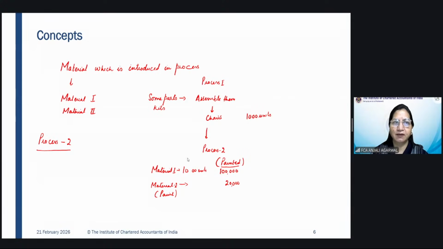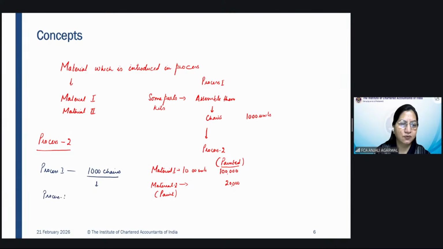Then another important thing is that a process can have more than one material. So if more materials are introduced, keep the units only to the first fundamental or basic raw material, and take material 2 or subsequent material as sundry material. It will not have units. Just see, process one is able to manufacture 1,000 units or 1,000 chairs, and these 1,000 chairs move to process two.